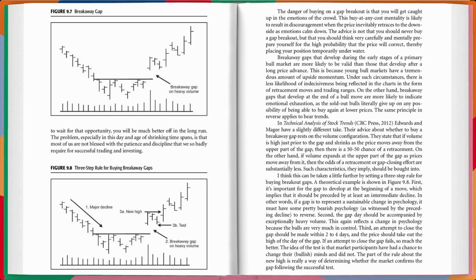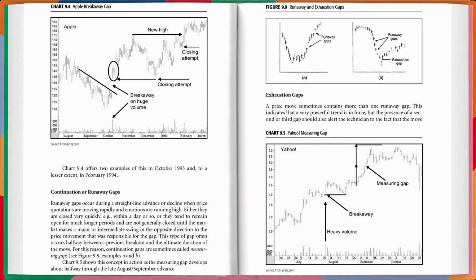The idea of the test is that market participants have had a chance to change their bullish minds and did not. The part of the rule about the new high is really a way of determining whether the market confirms the gap following the successful test. Chart 9.4 offers 2 examples of this in October 1993 and, to a lesser extent, in February 1994.